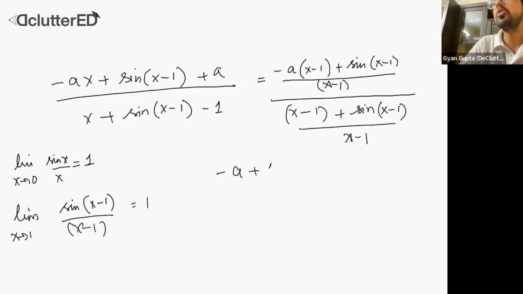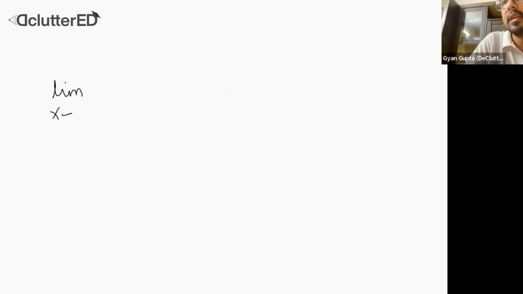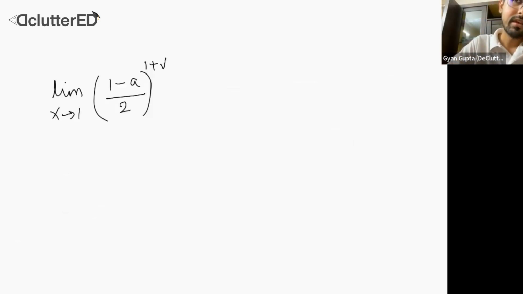Now, I'm just going to go to the next page and get closer to this problem. We have simplified the question to the limit as x tends to 1 of ((1-a)/2) to the power 1 + √x is equal to 1/4. Now, it's very easy for all of us to substitute x equal to 1 in the power.